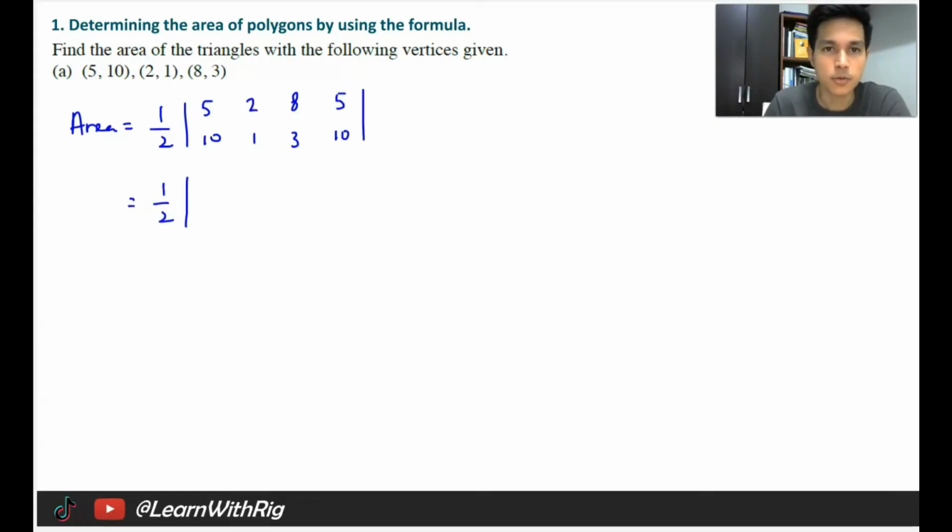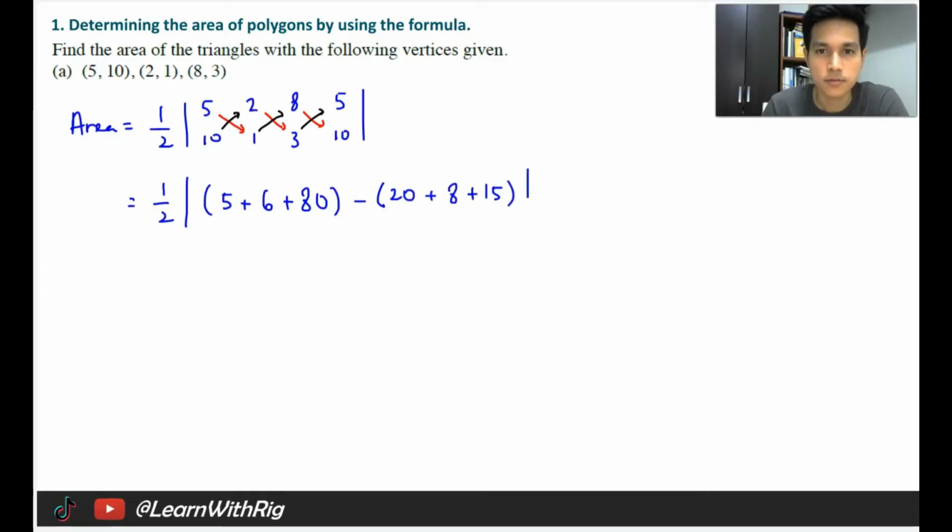The first one you want to count is the diagonal going downward. Okay, so you should get 5 plus 6 plus 80, minus, now you go in the opposite direction, going up. Okay, multiply upward. So you should get 20 plus 8 plus 15.